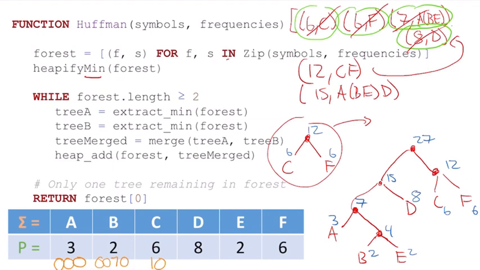D is 01. E is 0011. And then finally F is 11. And that's our encoding and our process for building the Huffman tree.